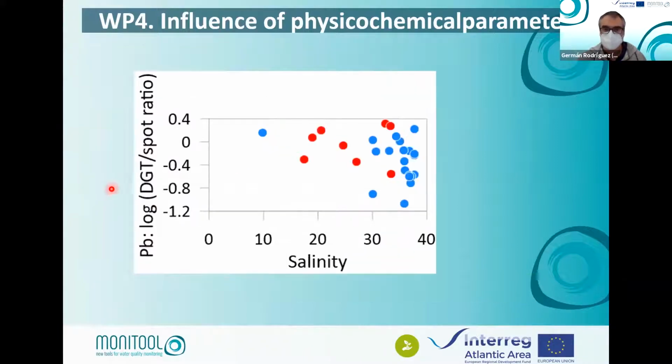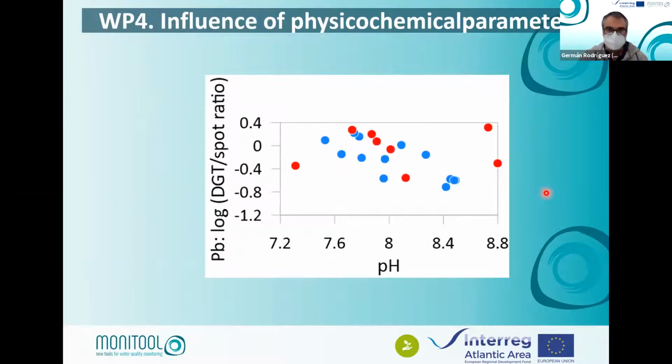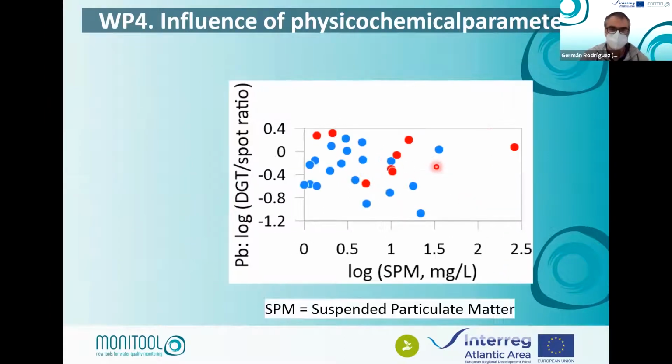Okay. Again, salinity. This is not a clear pattern. This is a random pattern. And the same with oxygen. This is quite horizontal. It's not a clear pattern. And with pH, it looks like there is an indirect relationship, but this is not statistically significant.